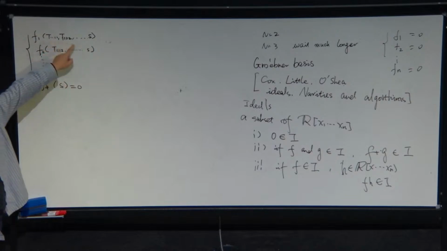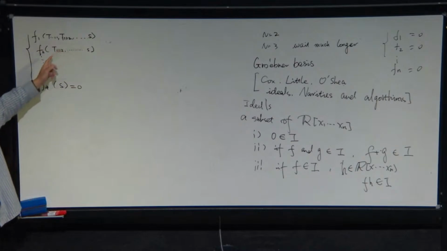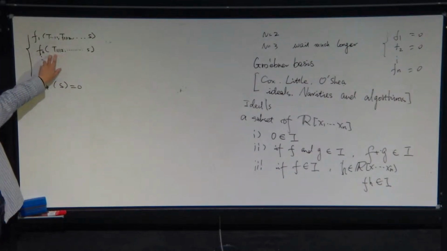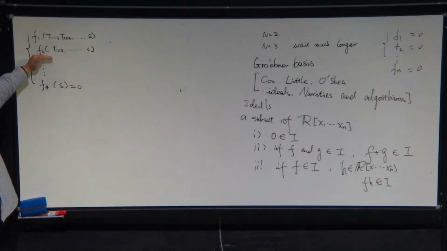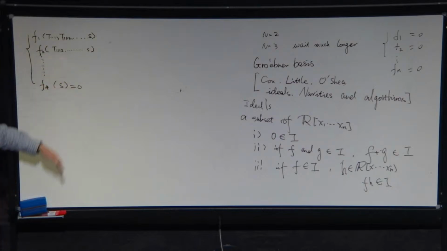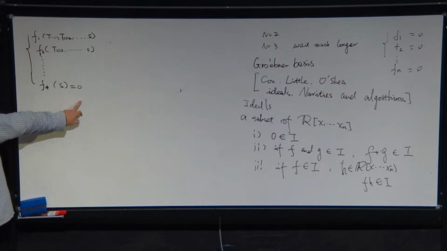The first equation involves all the variables. In the second one, you have already eliminated the first variable. In the third one, you eliminate further variables, maybe not the third one, but up to some number. The equations below involve a smaller set of variables, okay? So if your equations are good enough, the last equation you get will involve this S variable alone.